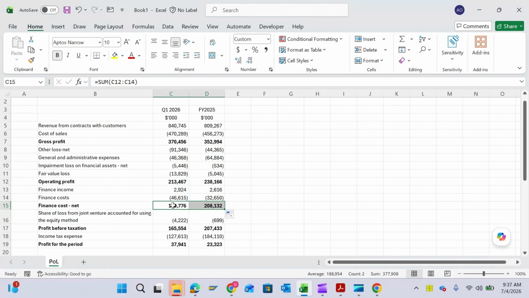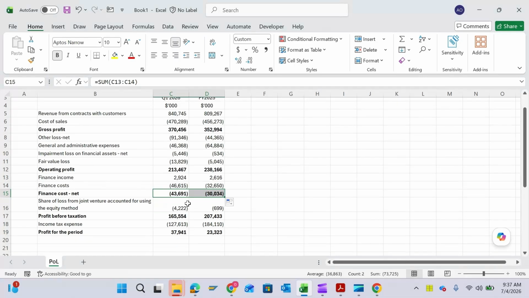Okay, this is net. This is net. So yes, it's net of finance income and finance cost. And we have this.